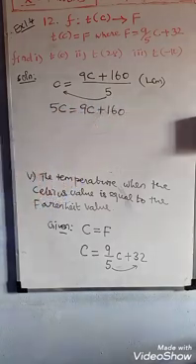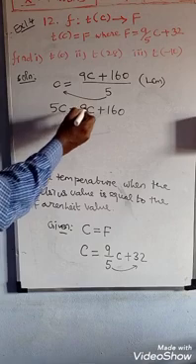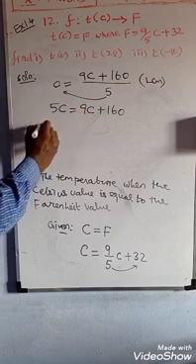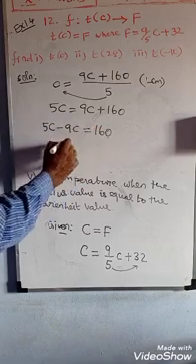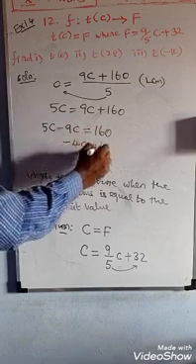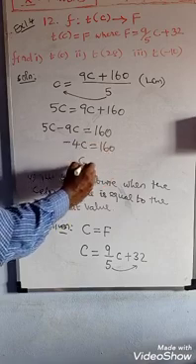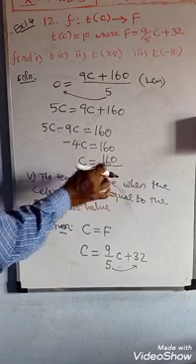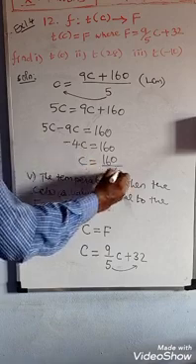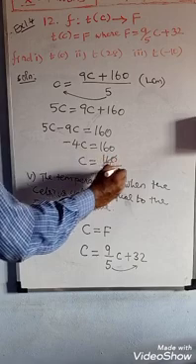Okay, now we need C. So plus 9C this side comes, minus 9C, is equal to 160. Subtract, minus 4C is equal to 160. Now C only you want. So 160 this side, minus 4 will go down. Now you should cancel this.